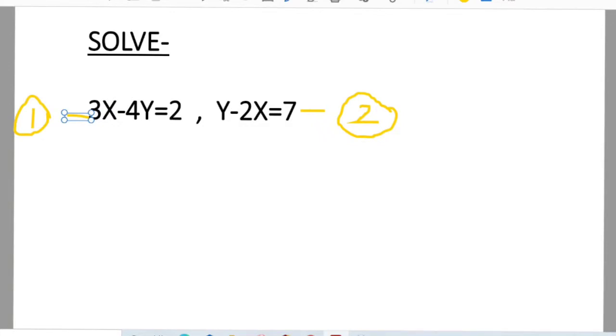Now, what we will do, we will write here B1, here B2, then C1, C2, then A1, A2.